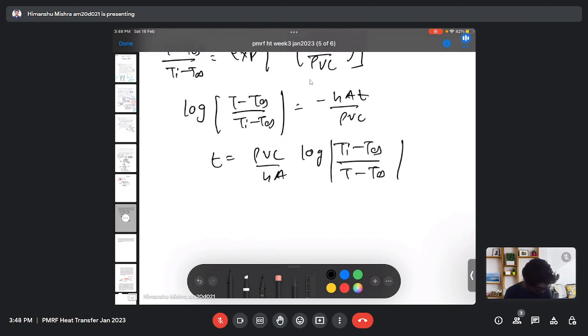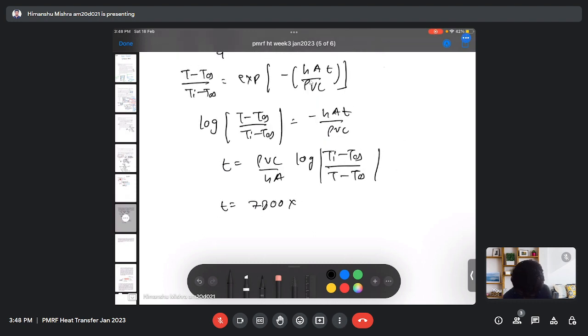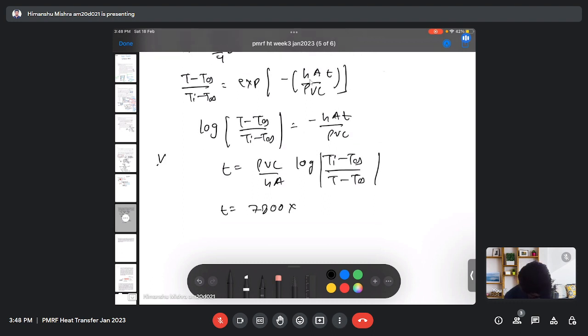So this is our expression, and we can put the values here. Density is 7800, and we can write V by A as R by 3.